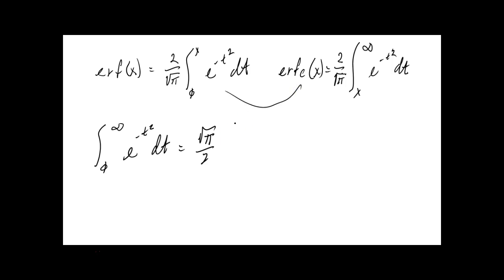So putting the 2 over root pi in front, and doing this from 0 to infinity, adding those two together, e to the minus t squared dt would equal 1. Now, that's why it's not quite the bell curve. It's pretty close to it.